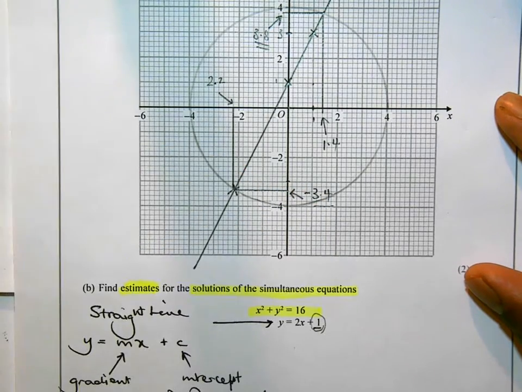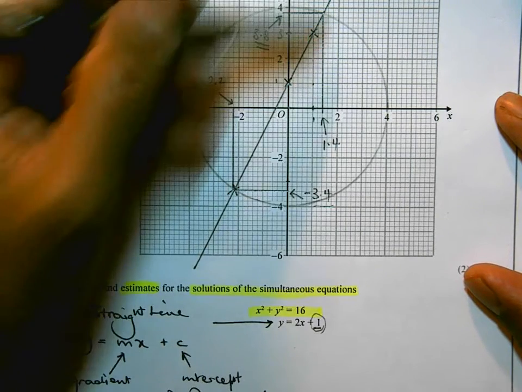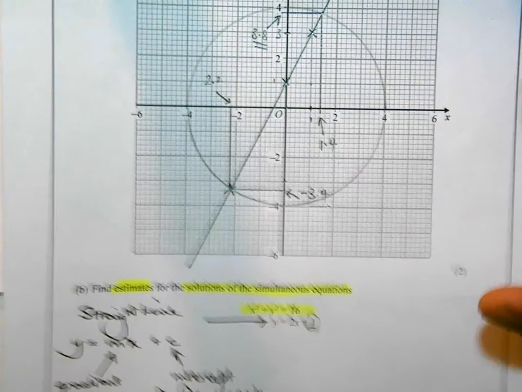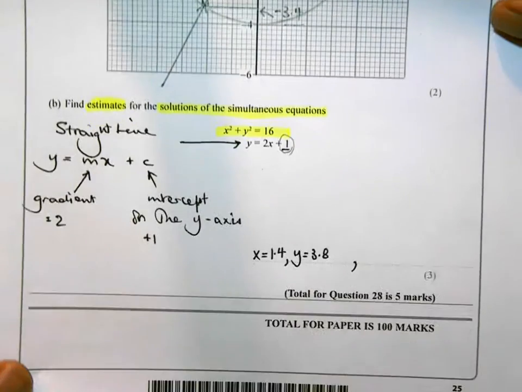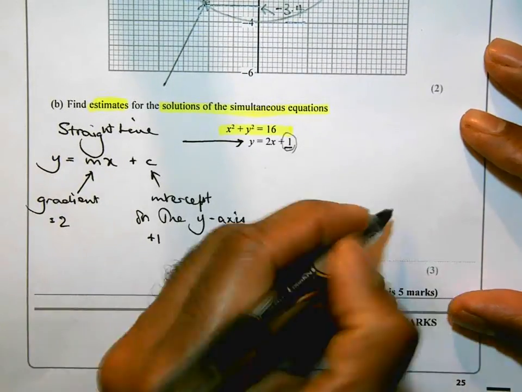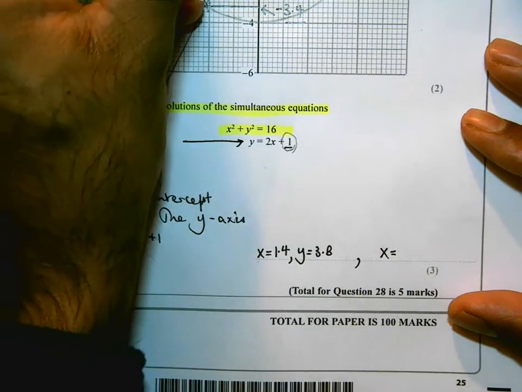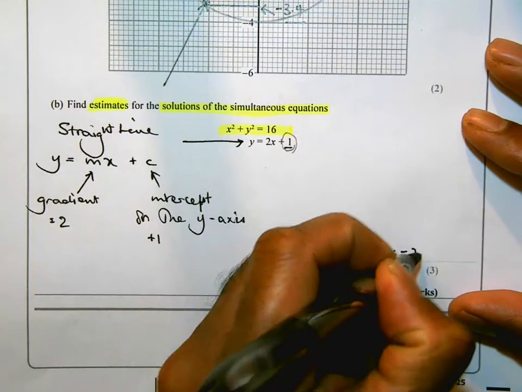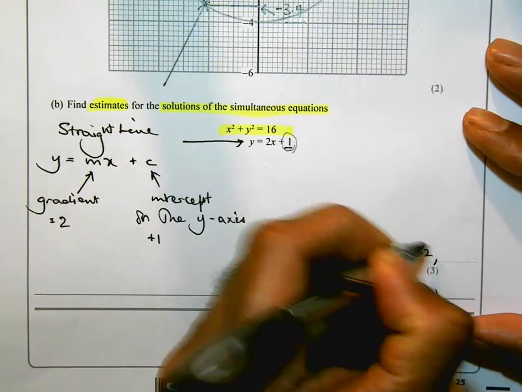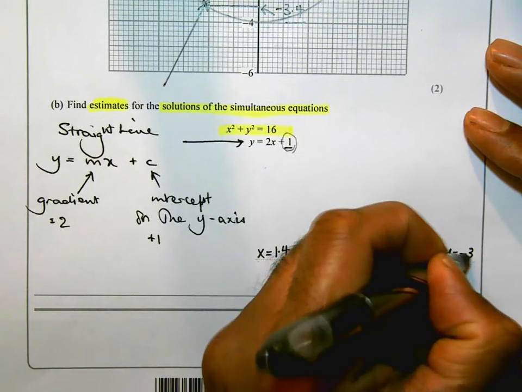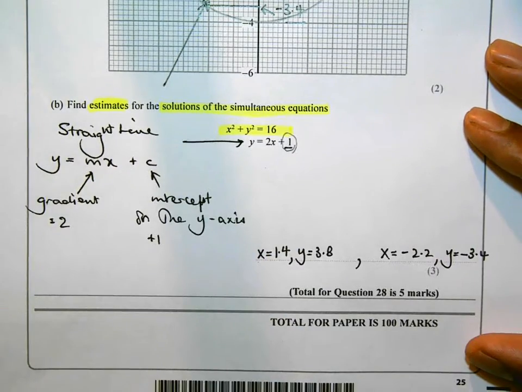So read that off, and that's what we're going to put into our answer space. So there are 2 solutions. They want the x and y values of both of them, and that's something you should know and should be familiar with. So when x is minus 2.2, y is minus 3.4.